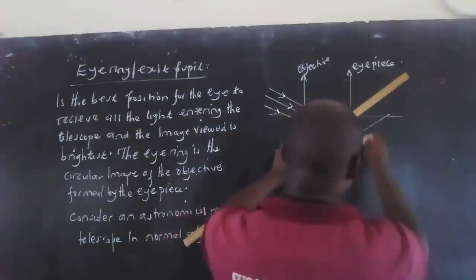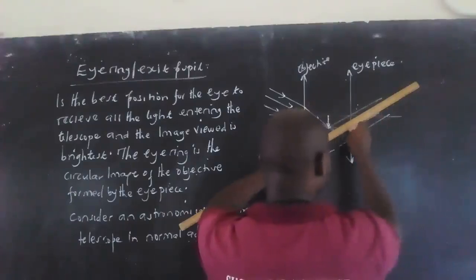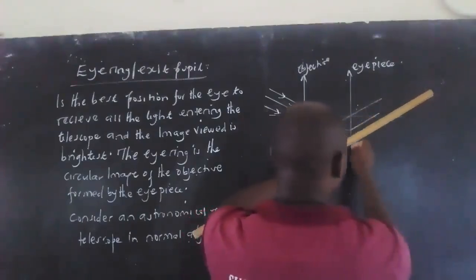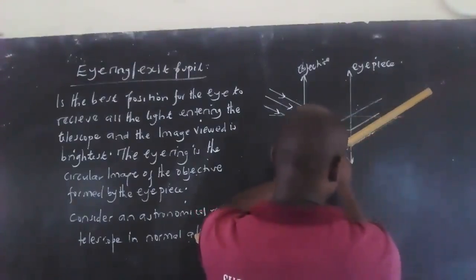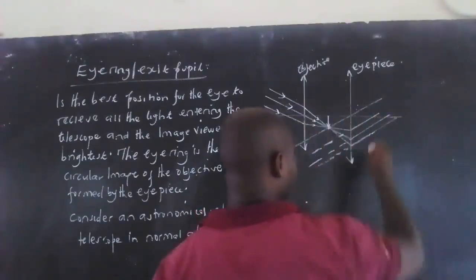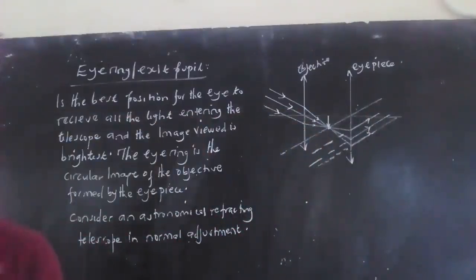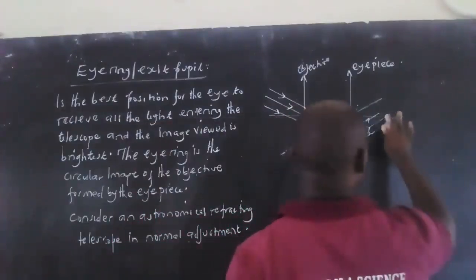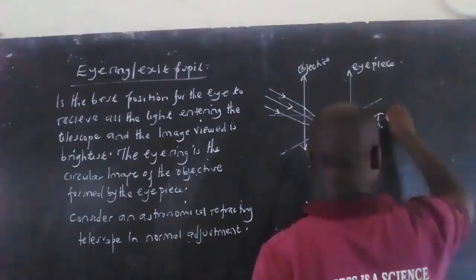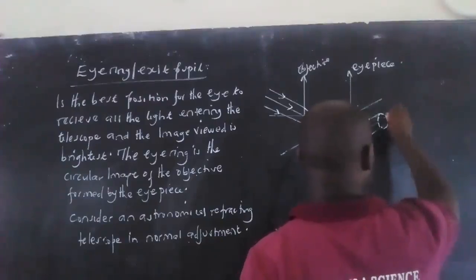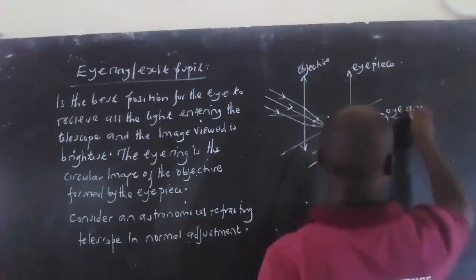Then here we have this. So from there, we shall have something with this letter. This is what we call the eye ring.